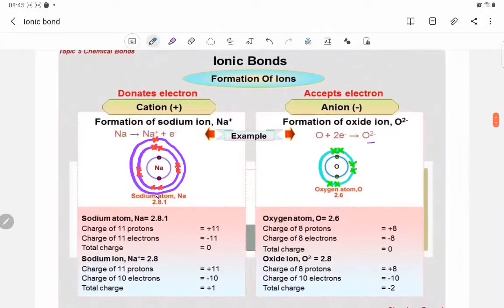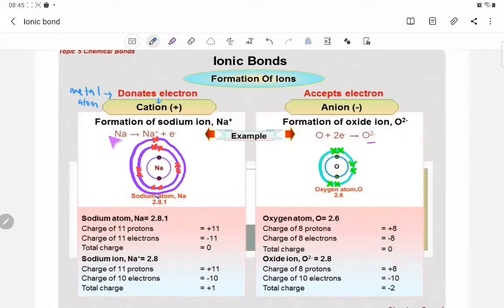Let's study about the formation of ion. Okay, kita pergi dulu kepada cation. So what is cation? Cation is a positively charged ion. So how does cation form? By donating the electron. So metal atoms donate electron and will form the cation.